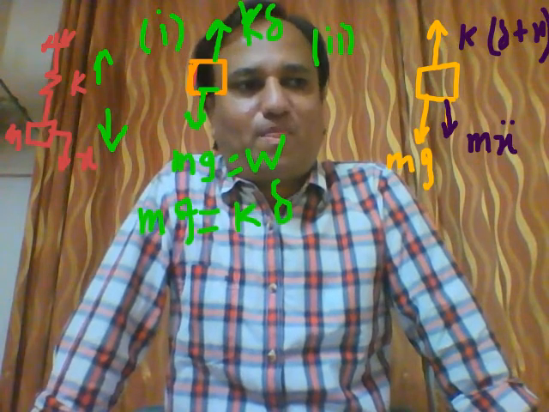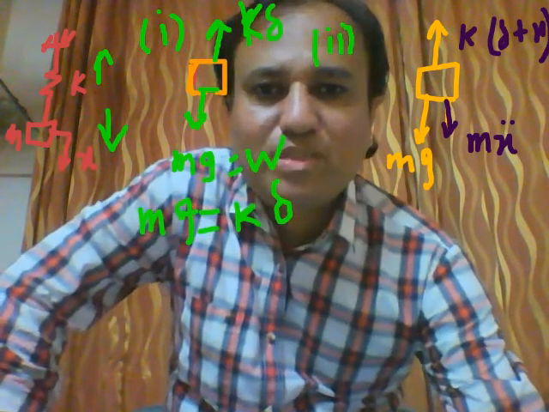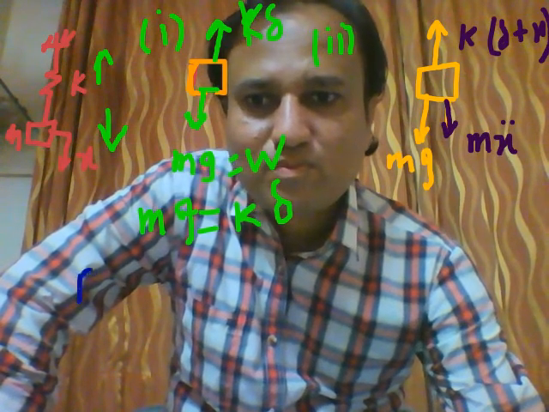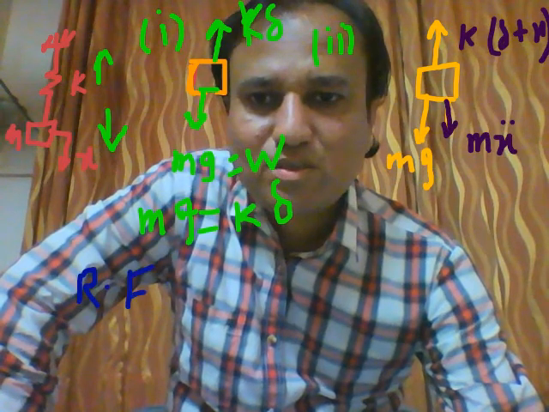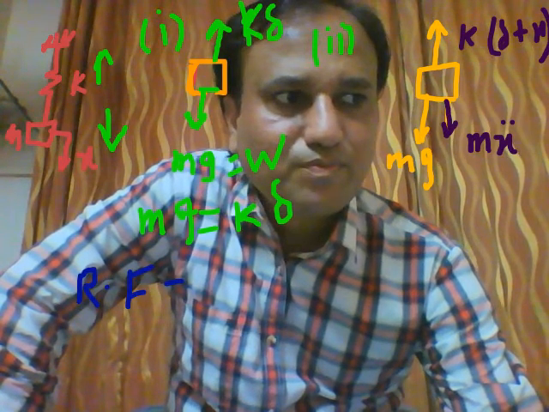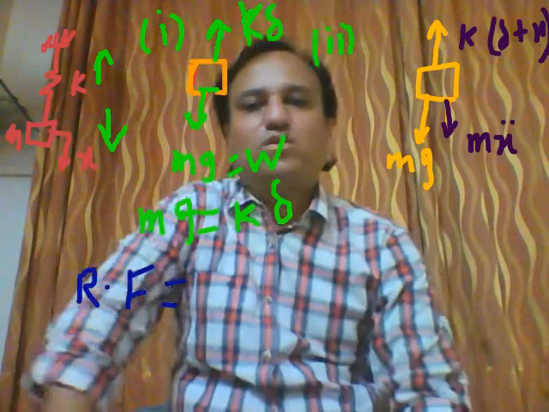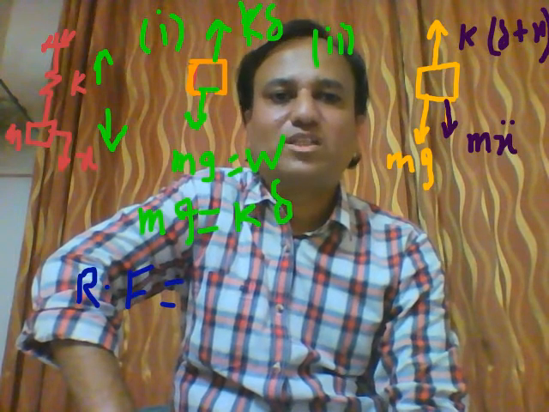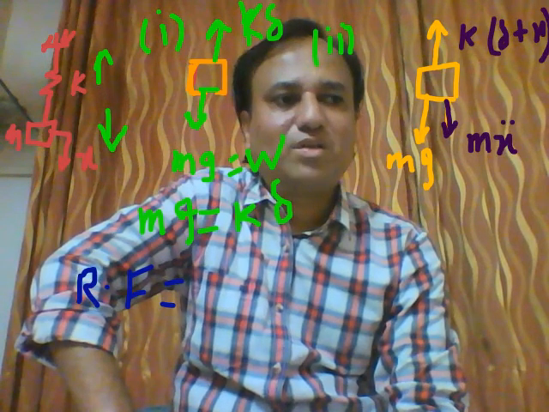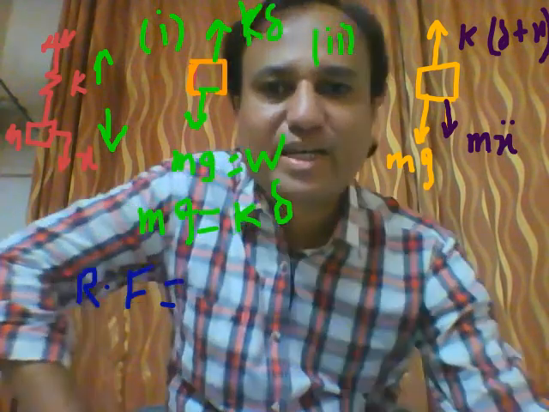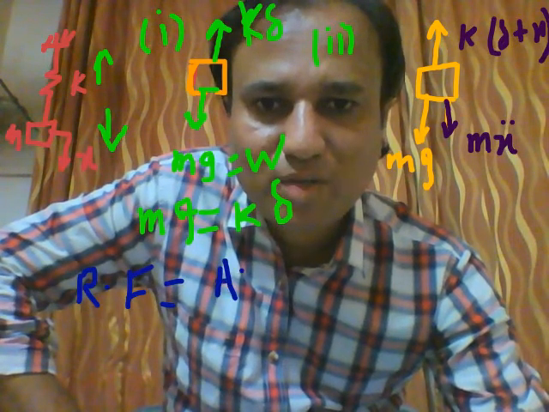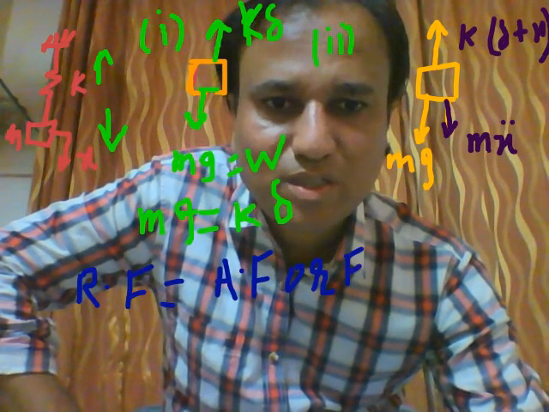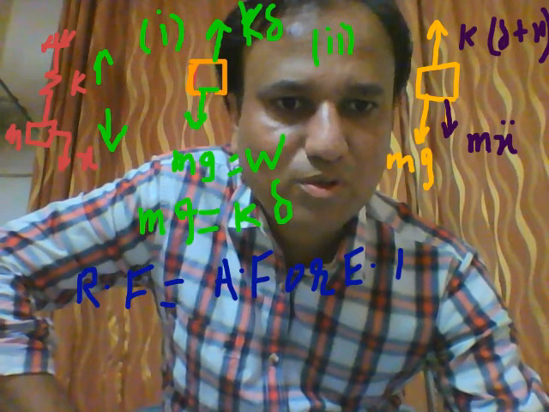So as per D'Alembert's principle, I will say restoring force is nothing but the inertia force, that is mx double dot, and the spring force will be the applied or external force.